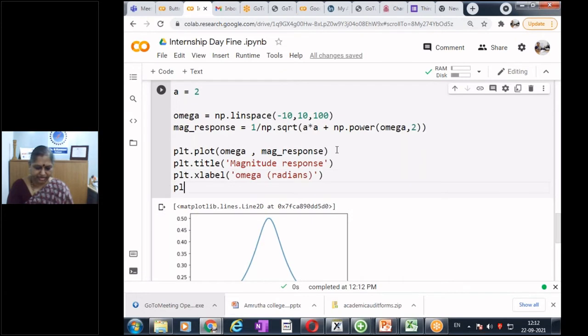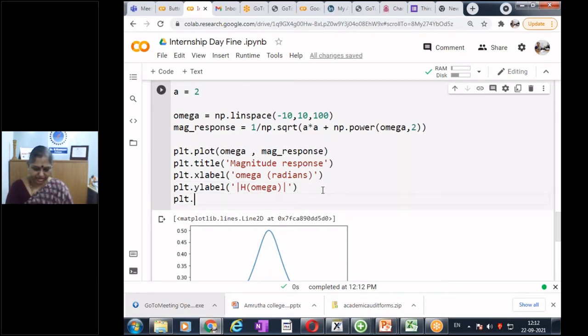And what is the Y label? Y label is H of omega, the magnitude. So we will put it like this. And always let us have the plt.grid on.